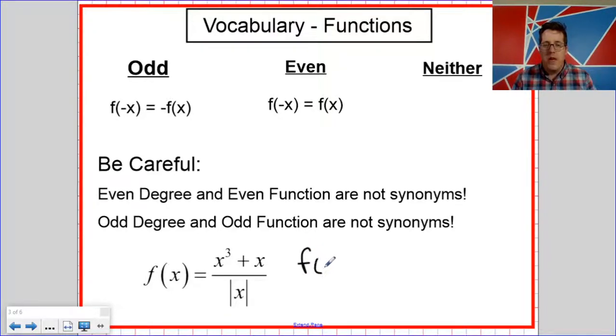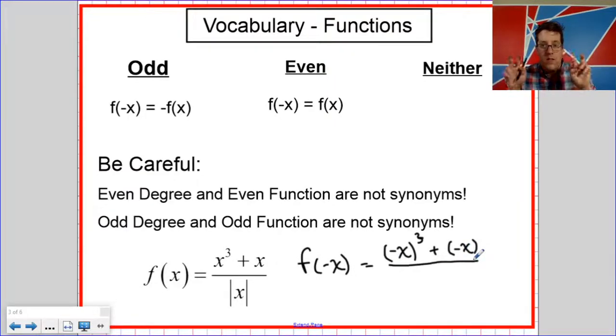To plug in the opposite of x, I'm going to notice, first of all, make sure you're always putting these things in parentheses. That helps us remember our order of operations and such, and it helps us remember where negatives should cancel out and where they shouldn't.